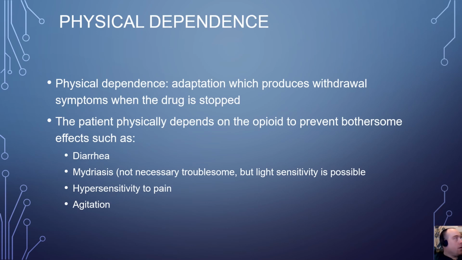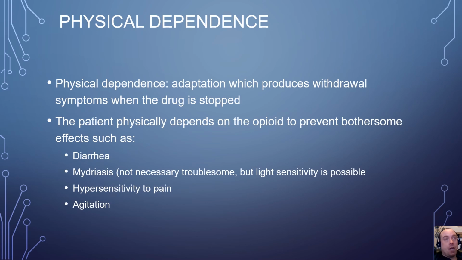So that would be things like diarrhea, because opioids cause constipation. If you stop them, you can have the opposite. You could have hyperbowel motility and poor water absorption and excess secretions. Mydriasis, not necessarily bothersome. Theoretically, you might have extra light sensitivity because your pupils will be dilated. Hypersensitivity to pain is a real problem, or hyperalgesia basically.